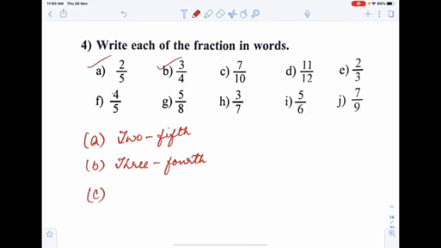Next one, 7 by 10 is what is being given here. So how do we write? Yes, 7/10. Okay. Next, fourth one, 11/12.